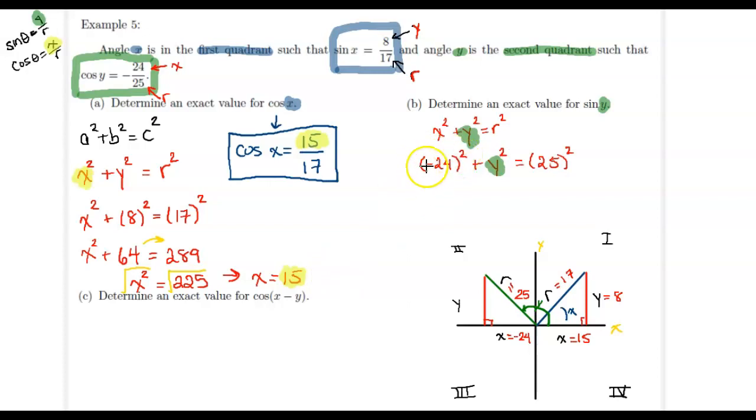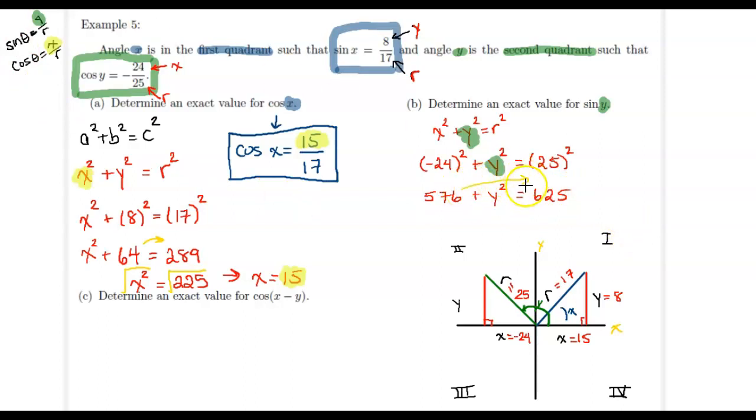Negative 24 squared, anything that's negative but to the power of 2 will make a positive. So this is in fact 576 plus y squared equals, and 25 squared is going to be 625. All right, now we're solving for this y.